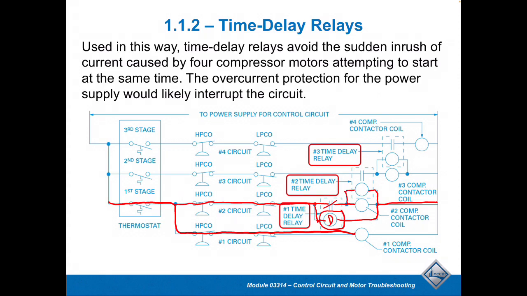So there is no way that they would allow anything to occur at that point. So stage 1 would go on, stage 2 would go on for compressor 2, and compressor 3 would be waiting after the delay. In other words, the timing of this delay would start after the first time delay relay is actually closed.